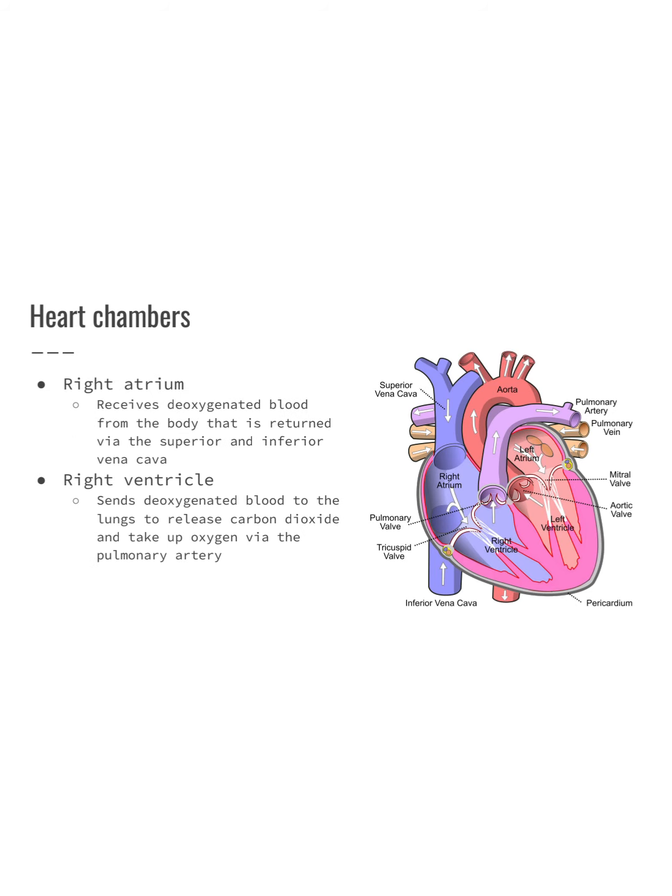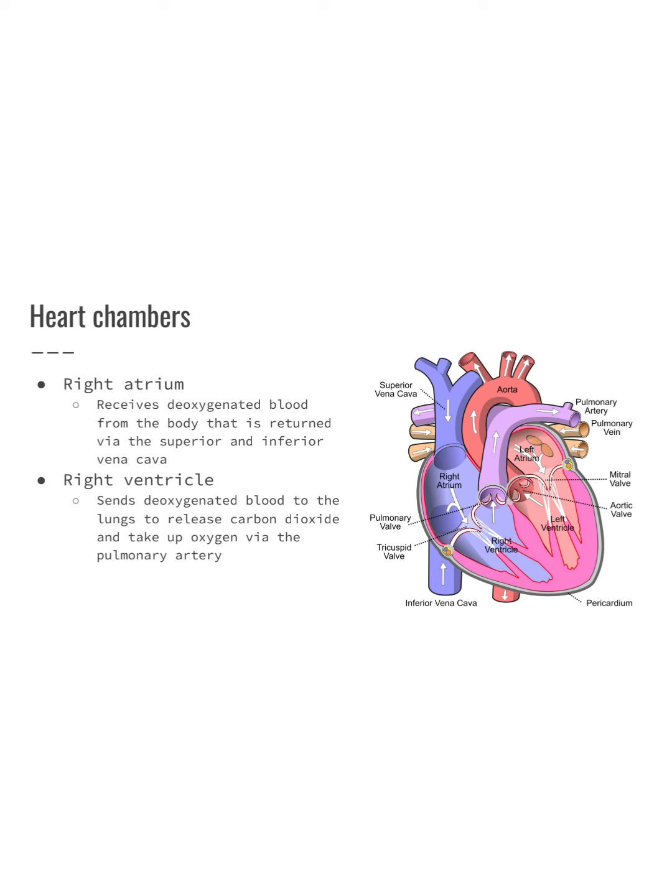So we're going to start with our chambers. If you remember from the last slide, we said we have 4 chambers. We're going to start with the right side of the heart, talk about the right atrium and the right ventricle. So let's start with the right atrium. The right atrium is where blood is coming in, and it receives deoxygenated blood from the body, returned via the superior and inferior vena cava.